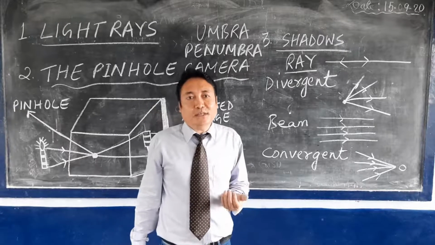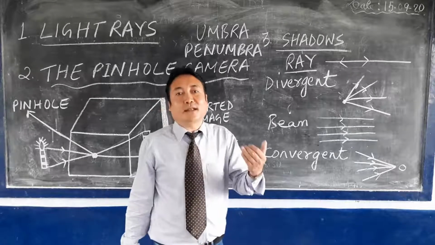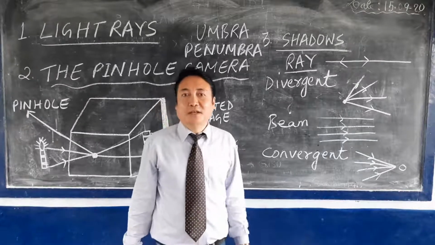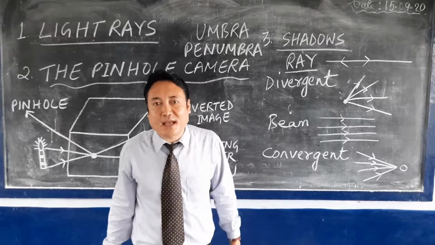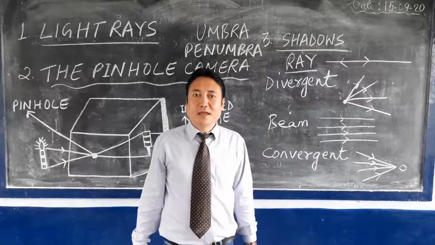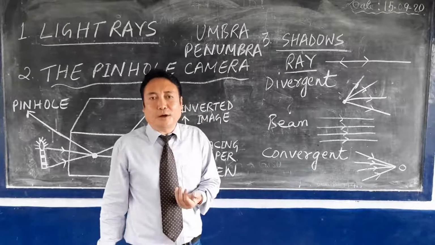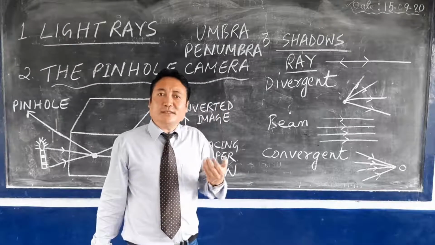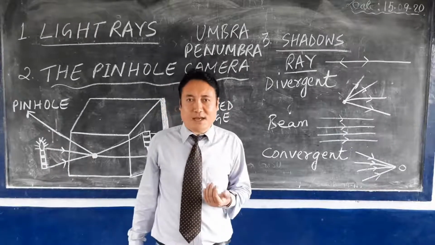When the opaque object is kept in front of the source of light, a dark patch is formed behind that opaque object, and that dark patch is known as the shadow. These shadows are formed only by opaque objects, and every opaque object will cast a shadow.